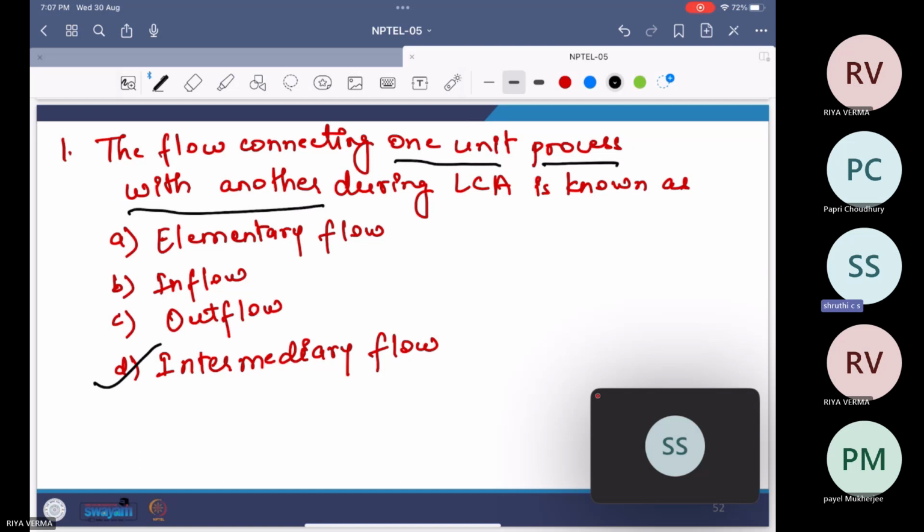No, ma'am. Okay. So the flow connecting one unit process with another during LCA is known as. First up, we have elementary flow, inflow, outflow, then intermediary flow. The correct answer will be intermediary flow. Intermediary flow is used to connect one unit process with another. Shall I move to the next question?